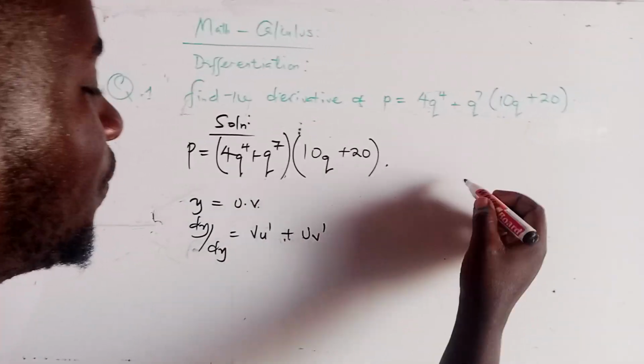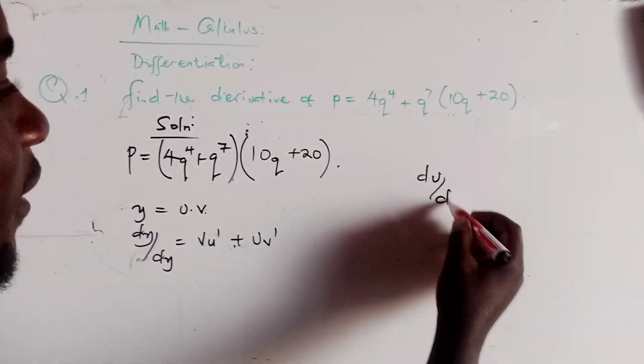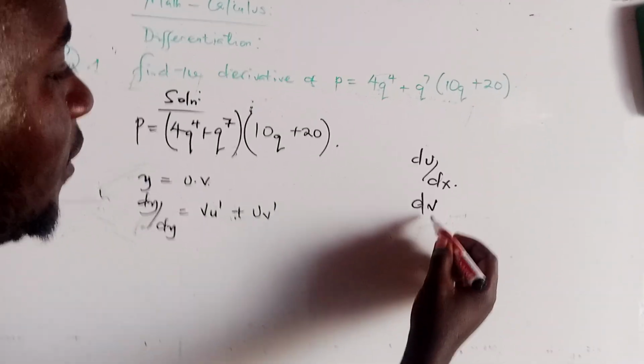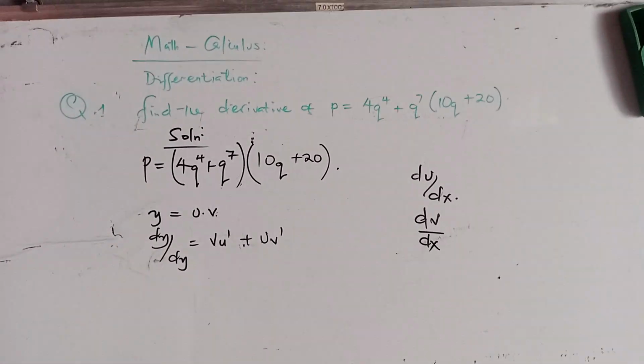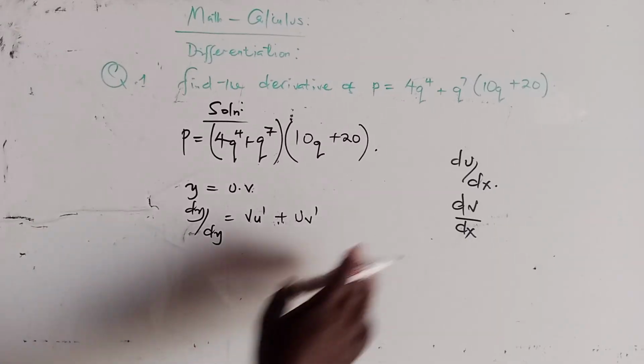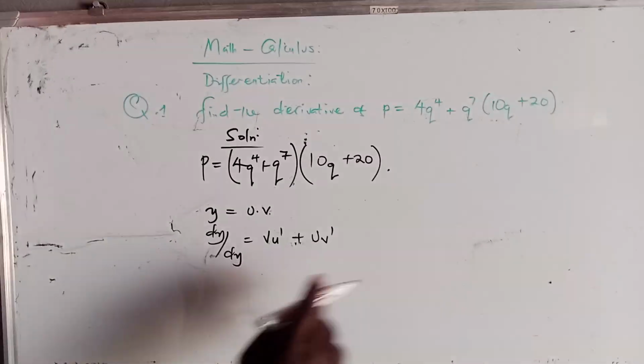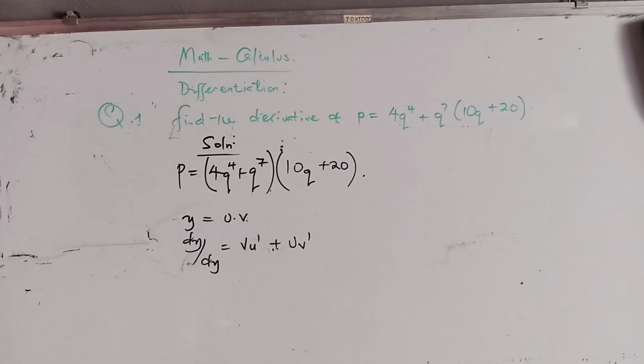When I say u prime, we mean du/dx, and when I say v prime, I mean dv/dx. Something very simple, but instead of a complex way of expressing this formula, we can just write it like this.